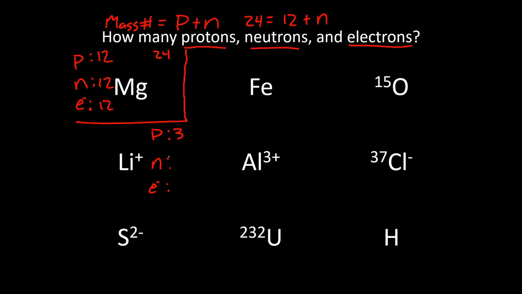The mass number from the table is essentially 7. So because the mass number is 7 and we have 3 protons, that means that it must have 4 neutrons. Because again, the mass number is equal to the number of protons, which is 3, plus the number of neutrons, and so this must be 4 for that to be true.